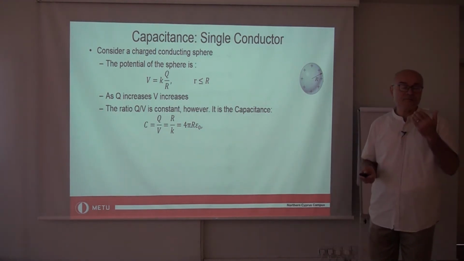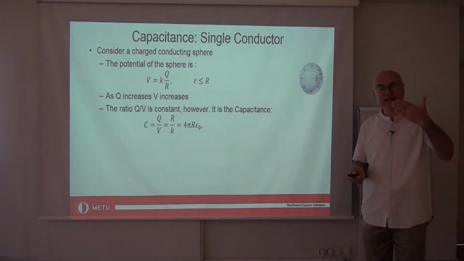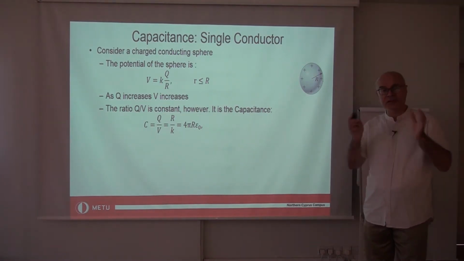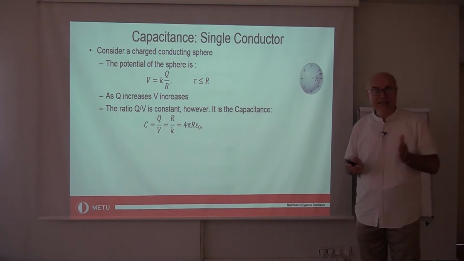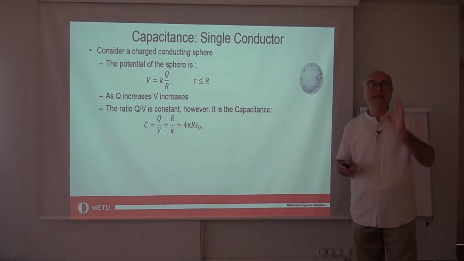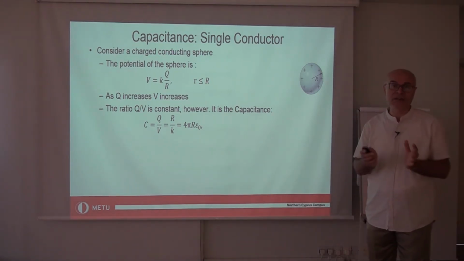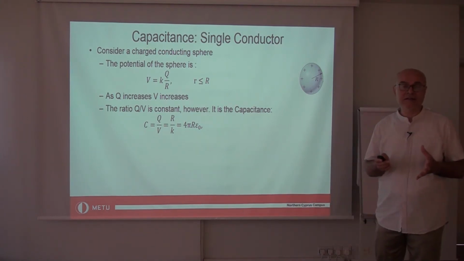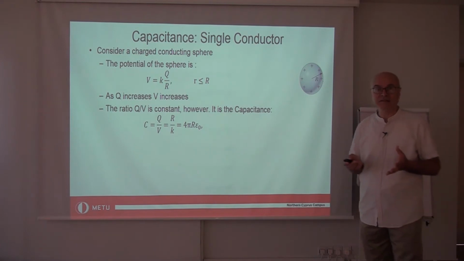Therefore, the capacitance, which is the ratio of the charge on a conductor to the potential on that conductor, is a constant quantity. It depends upon the geometry of the conductor and also on the permittivity of the space.